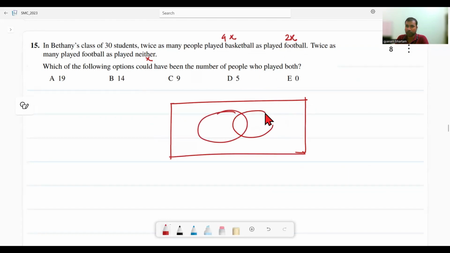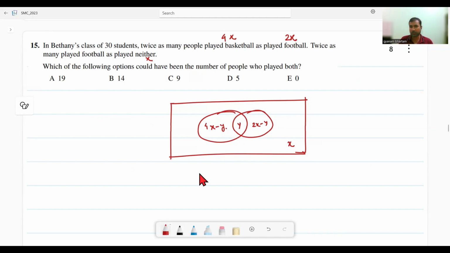Who played both? We don't know this, so let us assume it is y. Then football only is going to be 2x minus y, and basketball only is going to be 4x minus y. This is the Venn diagram we have.